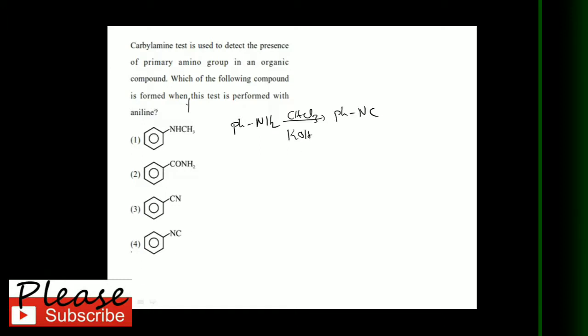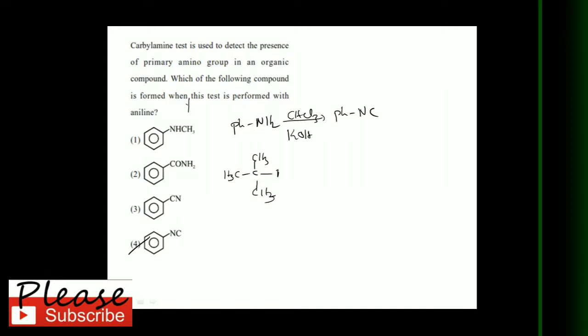So phenyl isocyanide is the product. That is a foul smelling compound. It is useful for the identification of primary amines, all types of primary amines, either aliphatic or aromatic primary amines. Even tertiary butyl amine can give the carbylamine test.